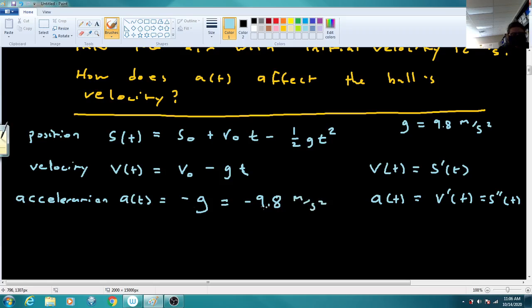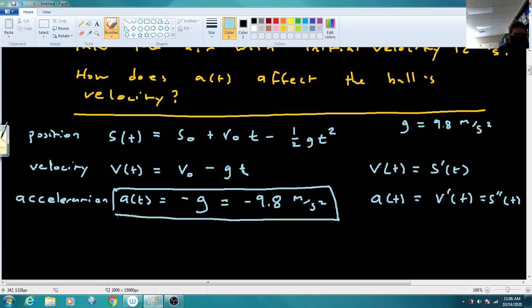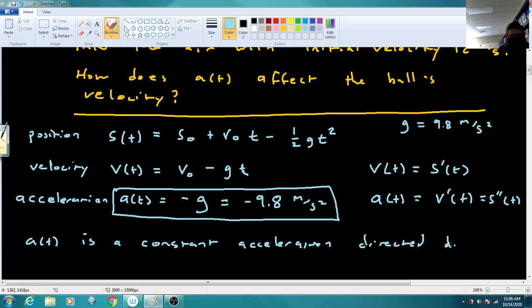So a of t is this. It's a constant acceleration pulling down. So we'll say a of t, because we want to describe how this affects velocity, is a constant acceleration directed down. That's what this negative tells us, that the direction is downwards.